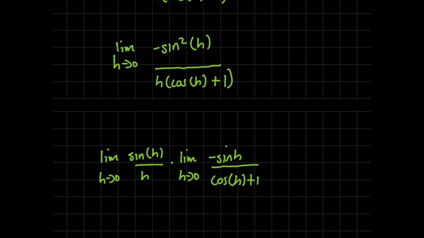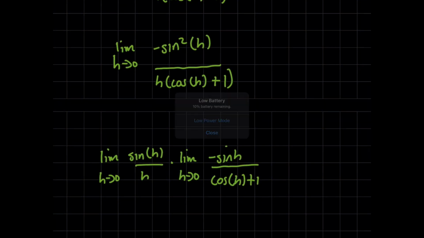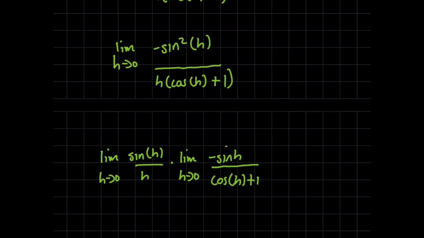Sine of h over h on the left here comes from the squeeze limit theorem. That's going to become a 1. And then for the right-hand side, you can now actually plug in 0 directly, because on the denominator, cosine of 0 is a 1. So 1 plus 1 will give you a 2. But then on the top, negative sine of 0 is just 0. So now we have a product of a 1 and a 0, and that shows that this whole thing equals a 0.